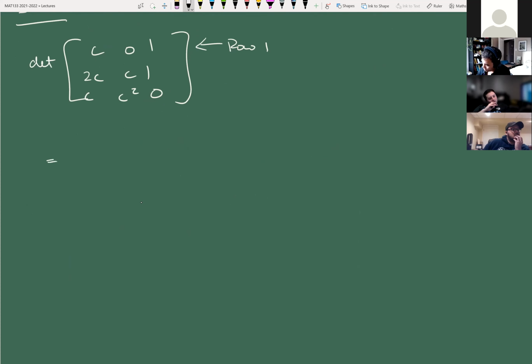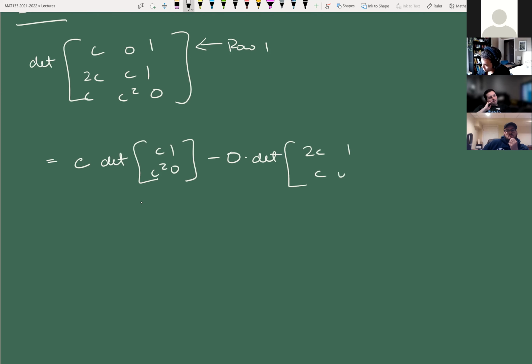So if I compute this determinant, I get C times the determinant of C, 1, C squared, 0, plus, well, here, maybe let me write it in, 0 times the determinant. We don't need to put this in, but we'll do it for completeness. Plus 1 times the determinant of 2C, C, C squared.